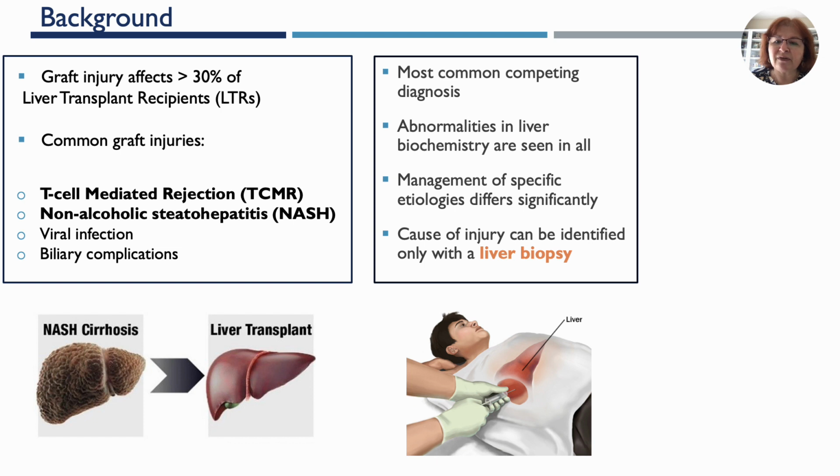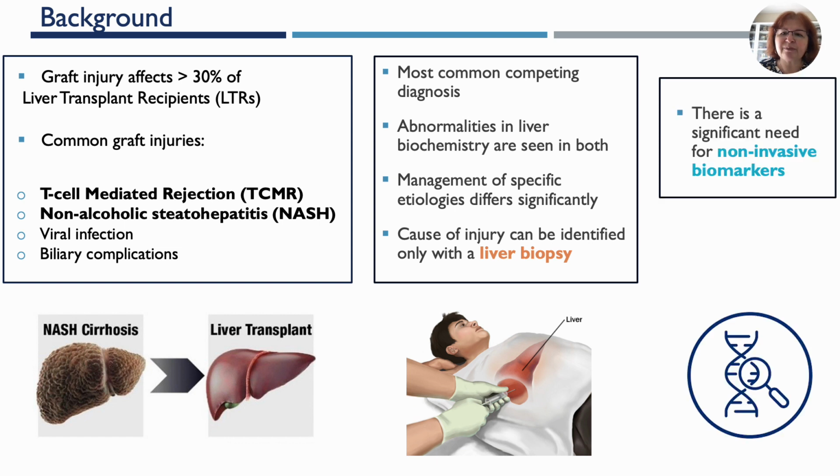Liver enzymes have altered levels in all, but the management of specific etiology is different. Currently, liver biopsy is the gold standard for diagnosis, but is invasive, associated with multiple risks, and is often delayed.